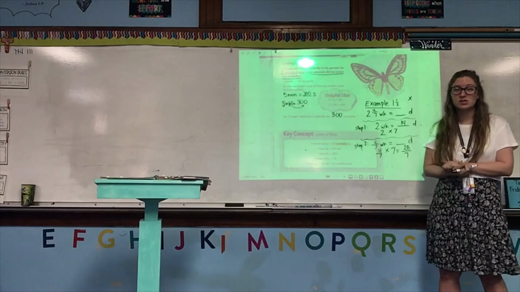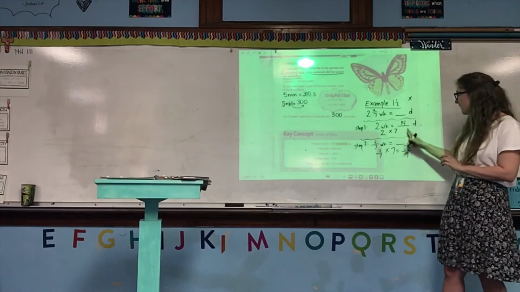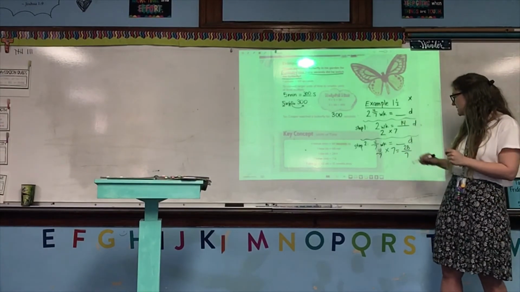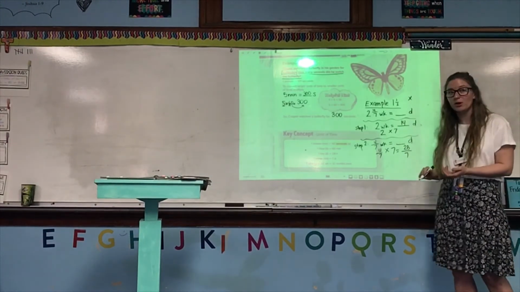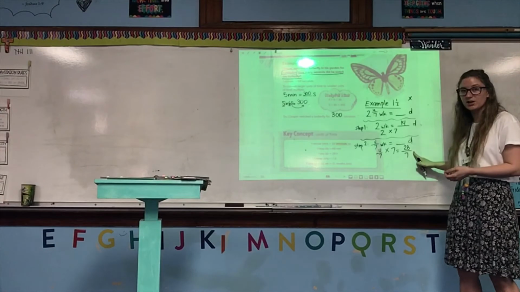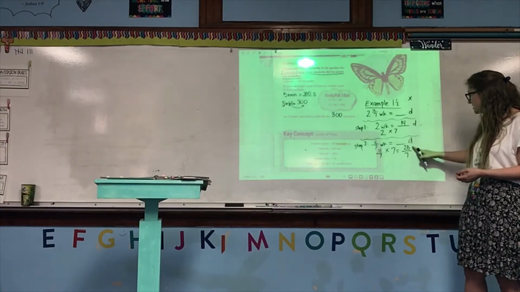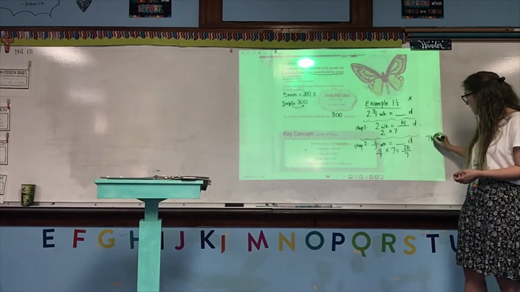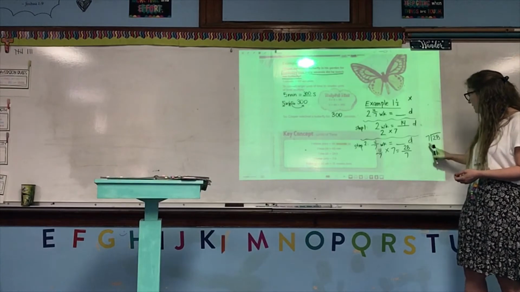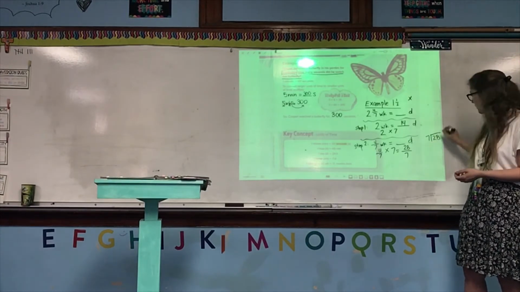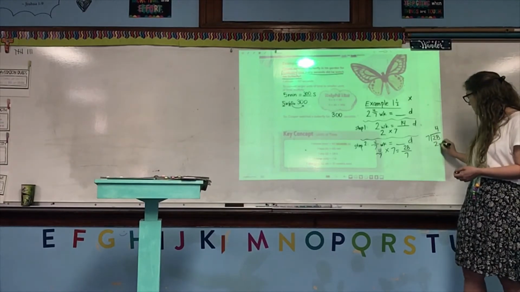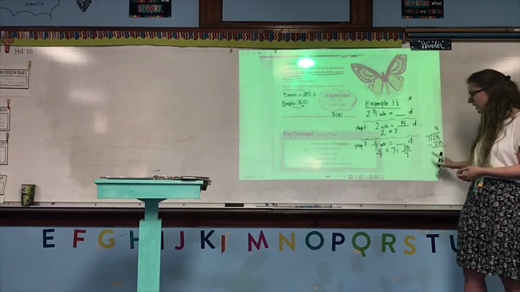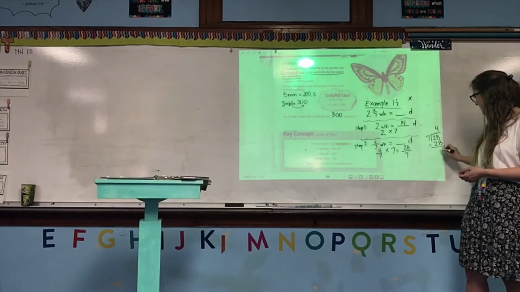However, we can't use 28 sevenths to figure out how many days. So what we have to do is turn this into either a mixed number or a whole number. So we're going to go to the side, and we're going to divide our numerator by our denominator. 7 goes into 28 4 times. 4 times 7 is 28. 28 minus 28 is 0.